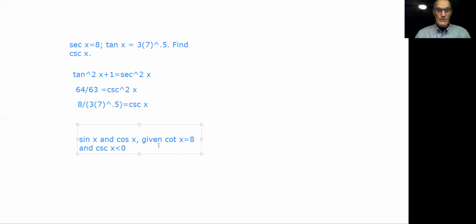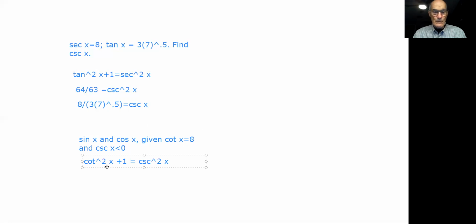So now if we go back once again, we can go back to the same identity that we just used. So we can say that the cotangent squared x plus 1 equals the cosecant squared of x, okay?